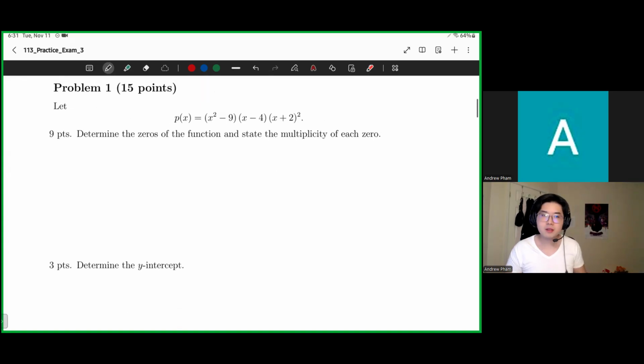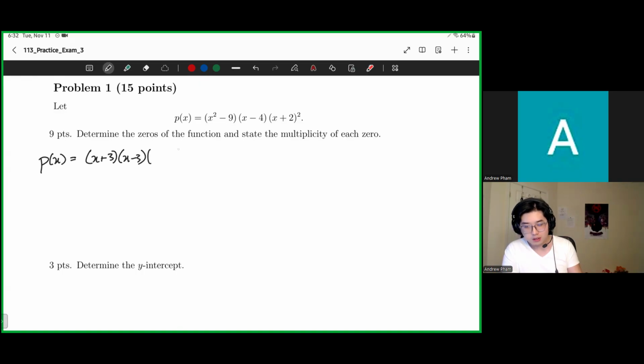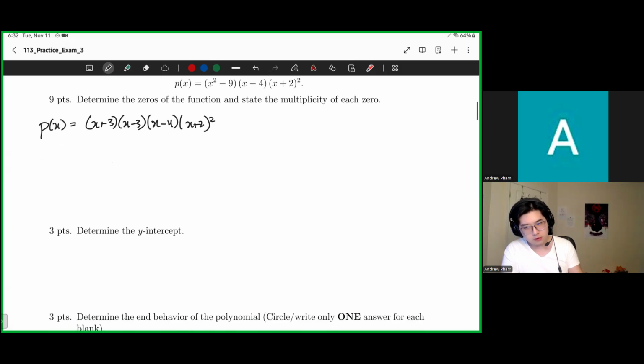All right, so in problem one, I give you a function p of x in factored form, and I ask a few things about it. Notice that p of x has the first factor x squared minus 9, so we can expand that out using difference of squares as x plus 3, x minus 3, and keeping x minus 4, x plus 2 squared, as so.